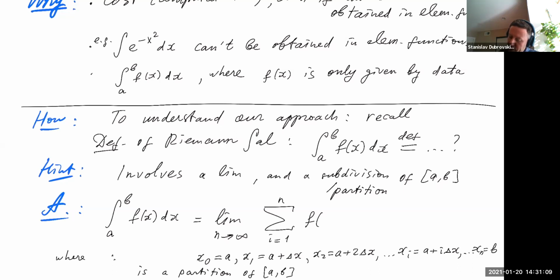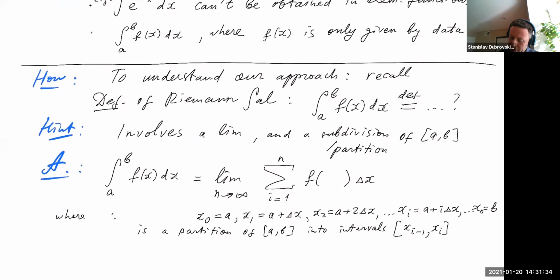So we can say it's a partition of AB into intervals from x sub i minus 1 until x sub i. That would be interval number i. So for each such interval, we'll take the value of f somewhere inside that subdivision times delta x, where by delta x, we mean the difference, b minus a, divided by n.